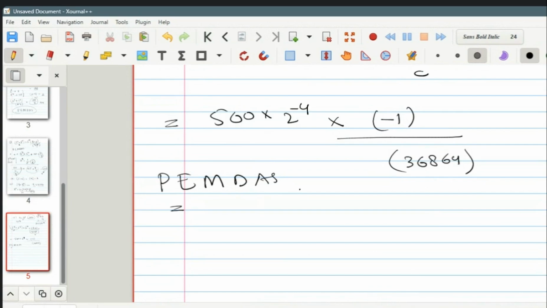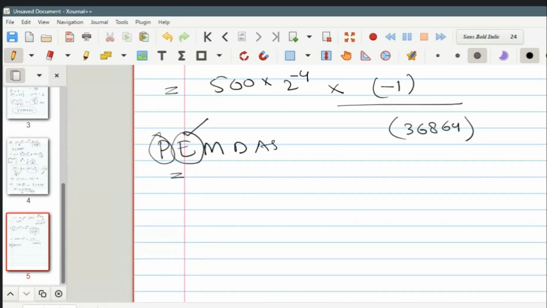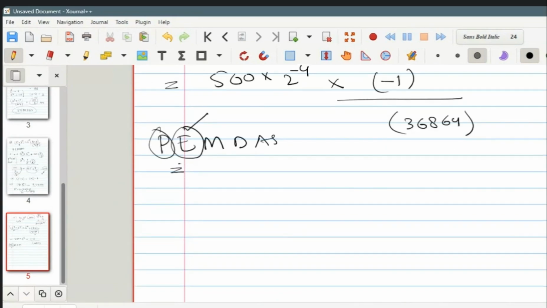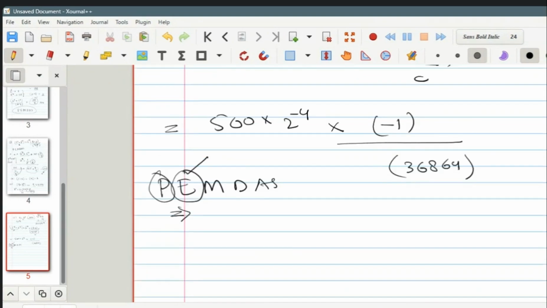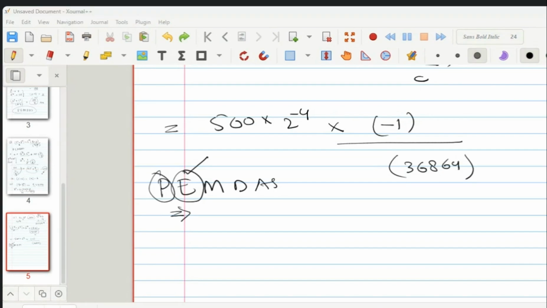So dear student, please note one thing again. This is a very important point. We have done with parentheses, but now what is remaining? This is the exponent. Now second option, we will see the issue with exponents. In this question, one student will tell me where is the issue of exponent. Let me check the name of the student.